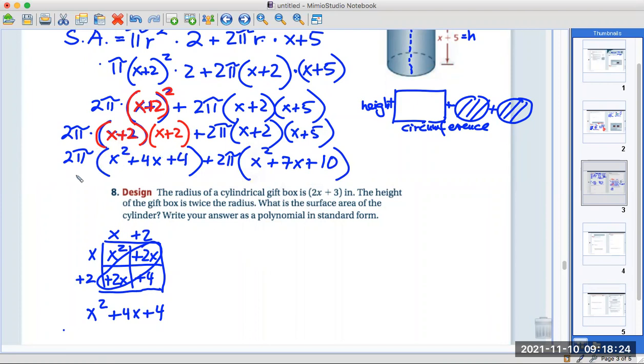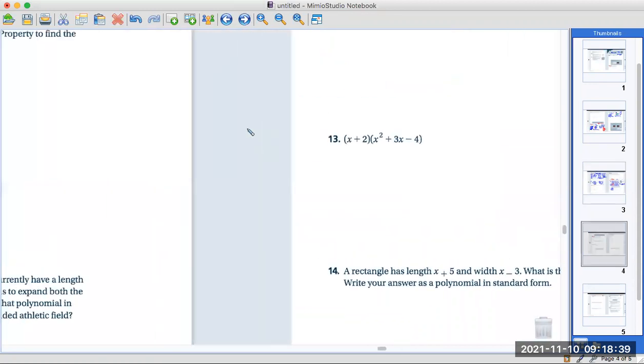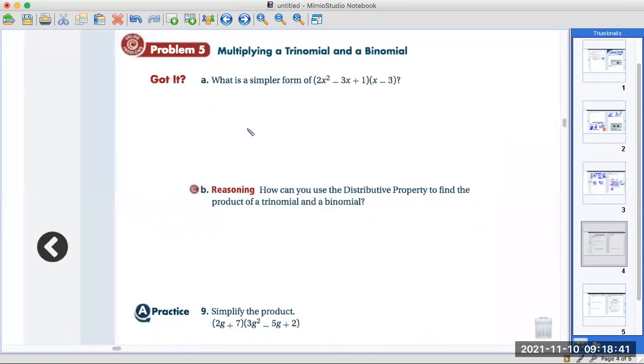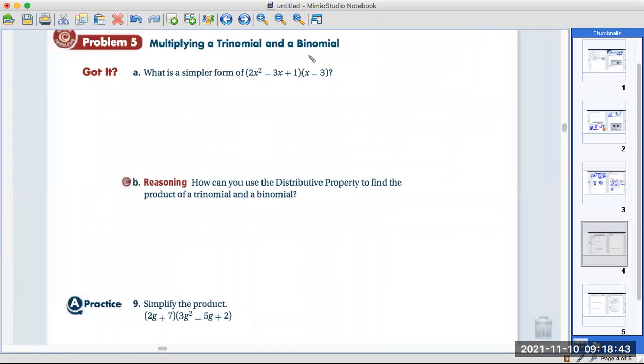I'm going to stop right here. I have to think about how we're going to make that shorter, because I think that's too lengthy. We can make it shorter by factoring out, but I'm going to have to think about that for a second. I'm going to go on to the next page, which is what I wanted to show you, multiplying a trinomial and a binomial.